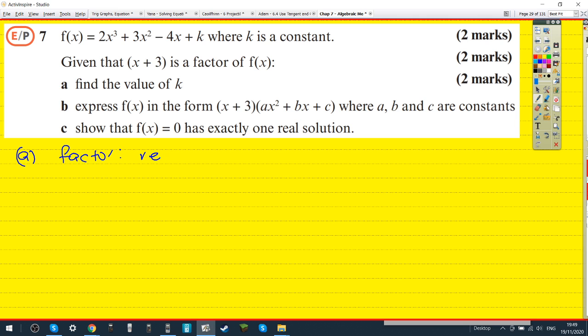Yep. And also the remainder would be 0 if you divide by a factor. So would you sub in -3 or no? Yes, sub in -3.